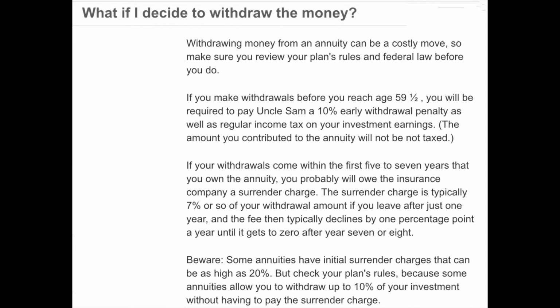The fees then typically decline by 1% a year until you get to 0 after 7 or 8 years. Beware that some annuities have initial surrender charges that can be as high as 20%. Some annuities allow you to withdraw up to 10% of your investment without having to pay the surrender charge.